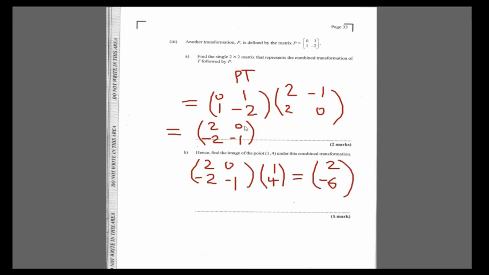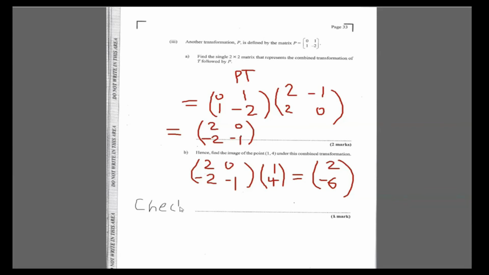Just to make sure you did it right, you can actually check what you would get if you were to multiply T first and then let it undergo P. So this is a check. I just like to do what's called a check.